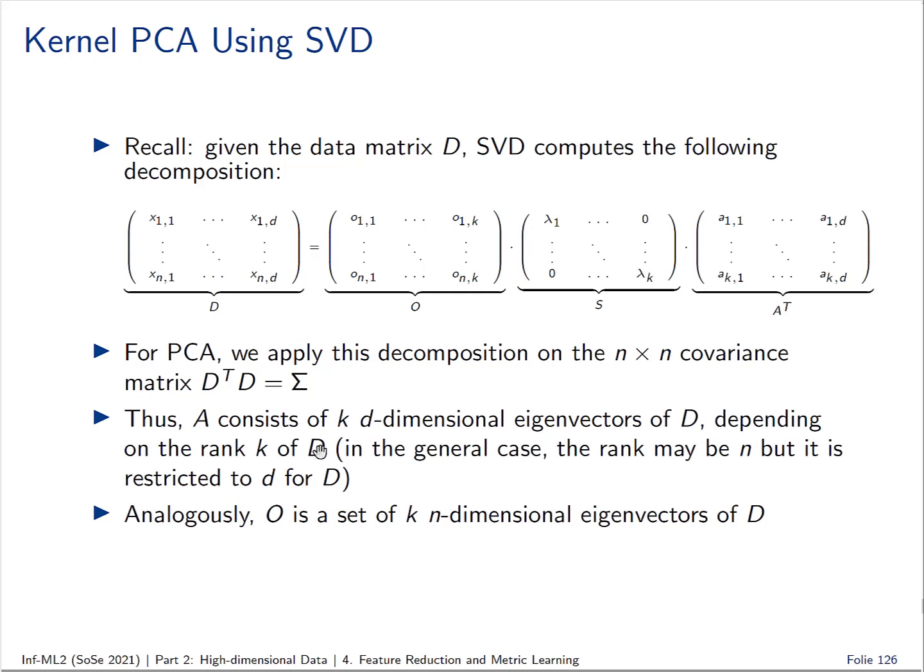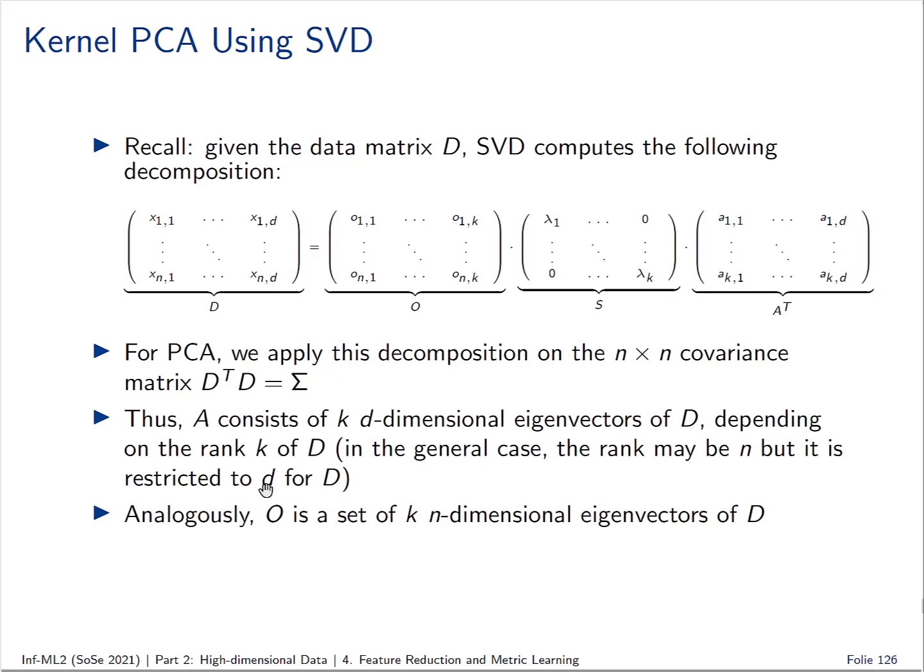But since D is a matrix with general properties, it is the case that the rank of the rows equals the rank of the columns. So the rank of this matrix is well defined and restricted to at maximum d. And that's what we actually get.